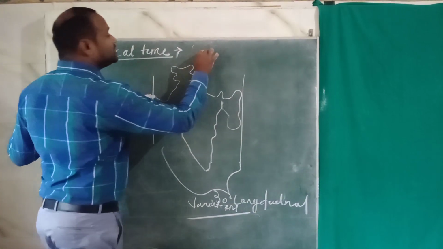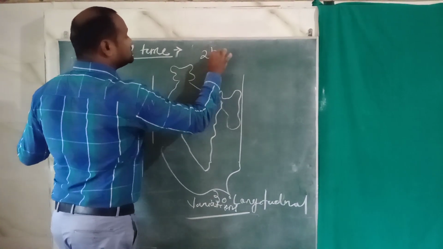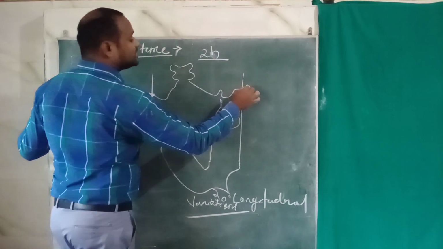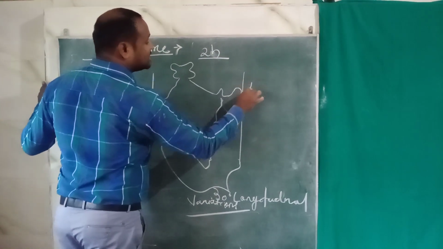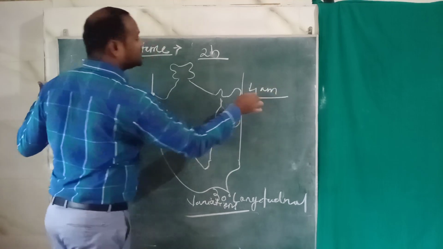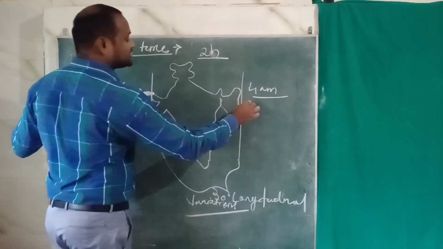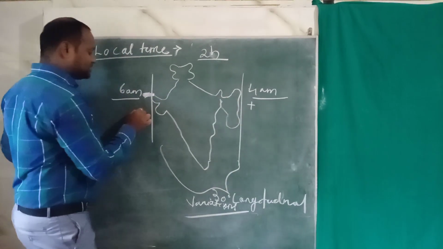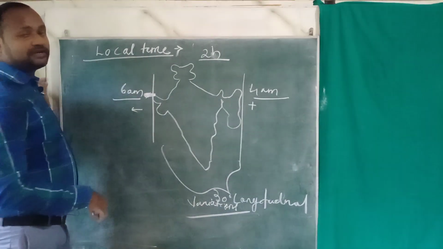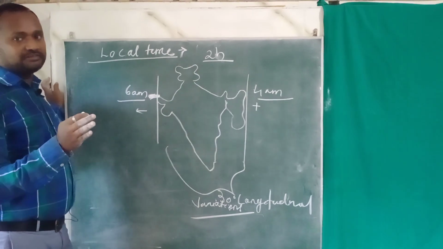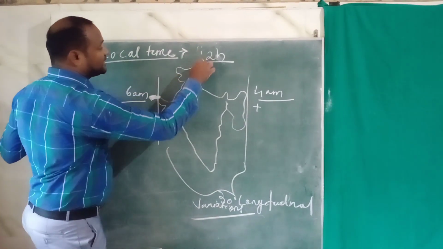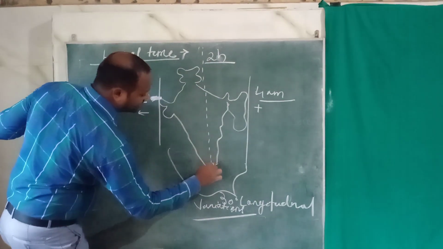So it will be 2 hours. For example, if it is 4 a.m. here, as it is east, it will be 6 a.m. here, because the east is always ahead and the west is always behind. For that it is quite difficult.